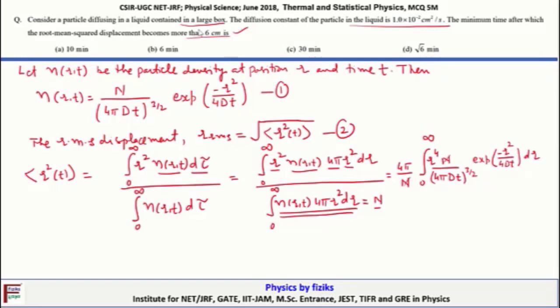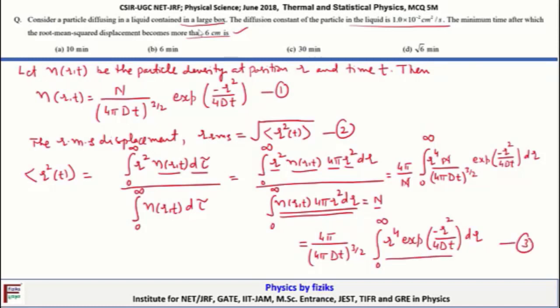So ultimately what we are left with is 4 pi, divided by the other constant term, which is (4 pi Dt) power 3 by 2, and then inside the integral we have 0 to infinity r power 4 exponential minus r square upon 4Dt dr. Let's call this equation 3.